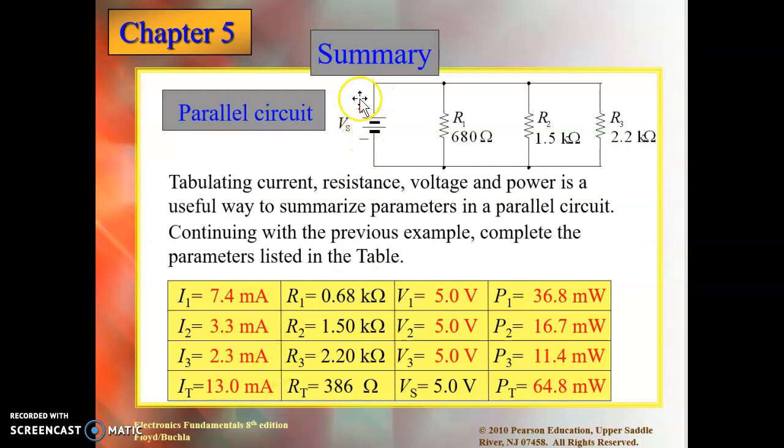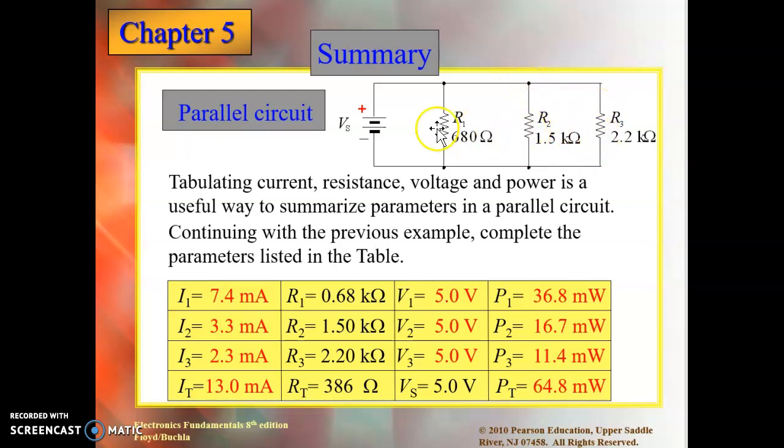To find the I source, the current supplied by the voltage source, we would find the R total and divide the voltage source by the R total, or we can add I1, I2, and I3, because the I source comes in and then it's going to split one way, another way, and another way.